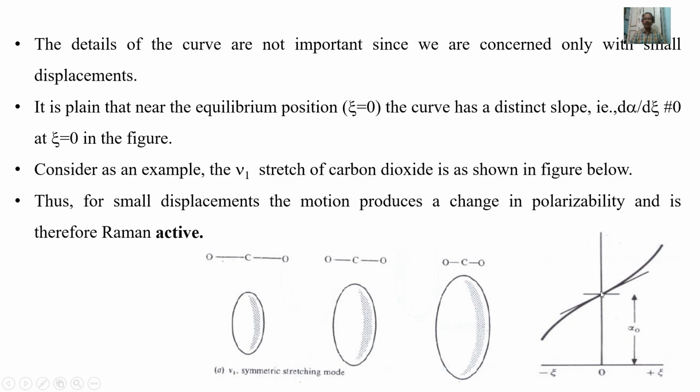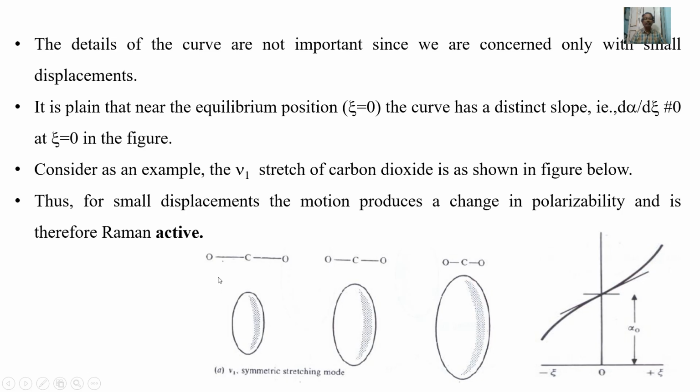Consider an example, nu1, the first mode, the stretching mode. The stretch of carbon dioxide is as shown in the figure below. Thus, for small displacements, the motion produces a change in polarizability and is therefore Raman active.